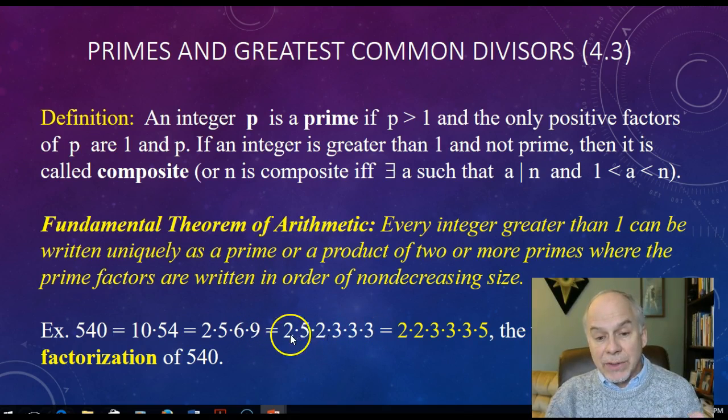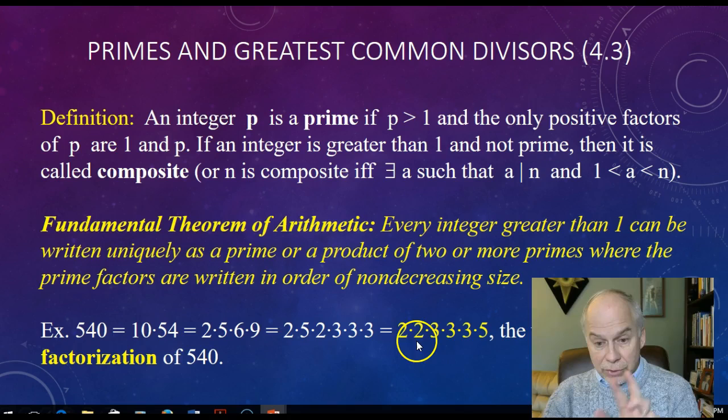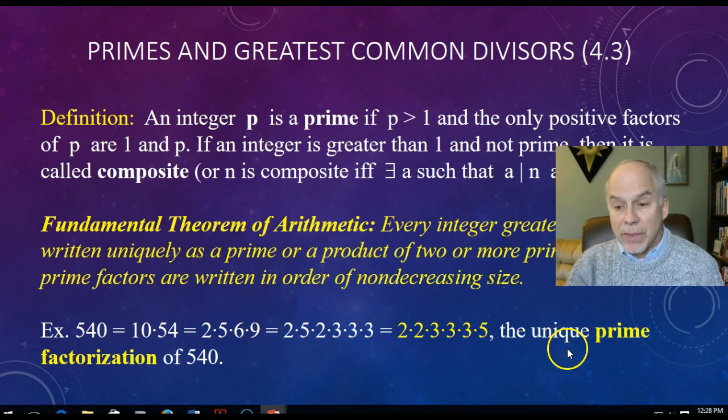So if we arrange the factors that result after we break up all the composite numbers into primes and put them in order, there are two 2s, there are three 3s, and a 5. The product of all of that equals the original number 540. And this is what we call the unique prime factorization of 540.